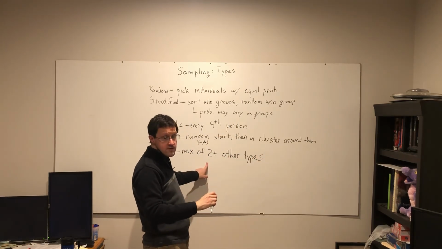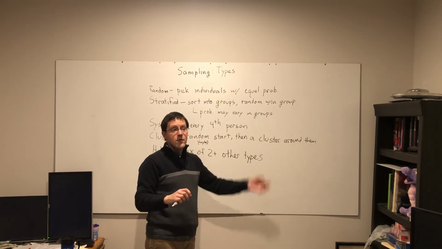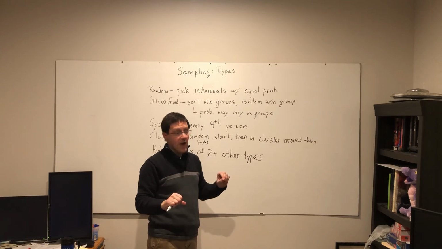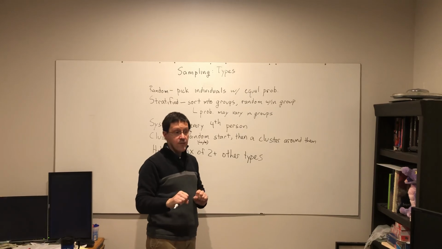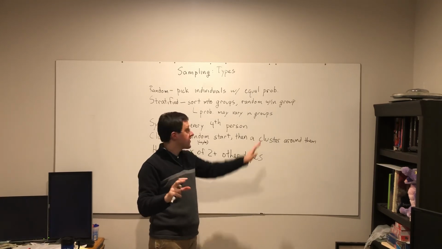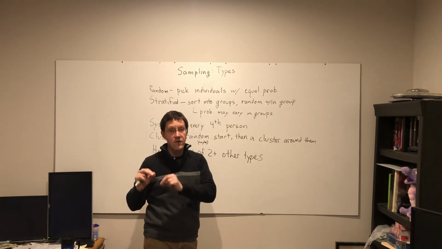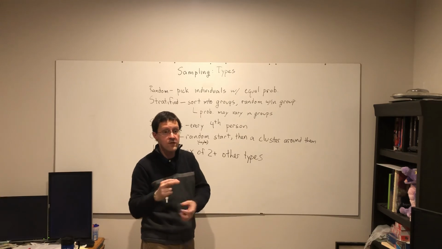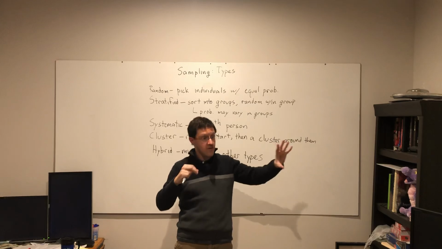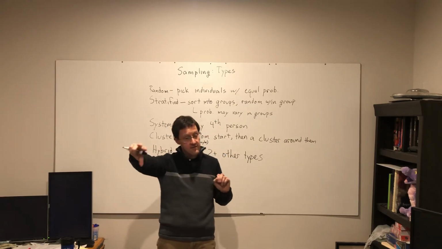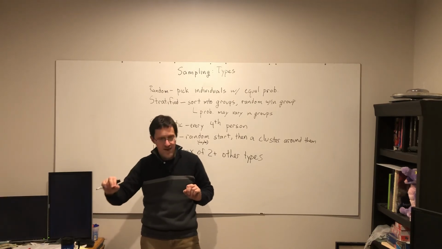Within a hybrid type of sampling, it's a mix. So we might say, okay, I'm going to start with a stratified sample and put everybody into groups. But instead of it being random, I take a systematic sample within each of those strata, within each of those groups. Or I might say, okay, within this group I want a random sample, within that group I want it stratified, or sorry, systematic.